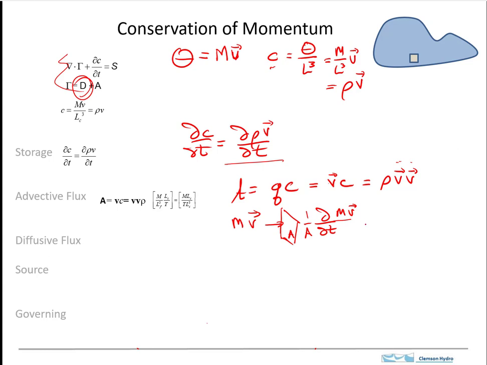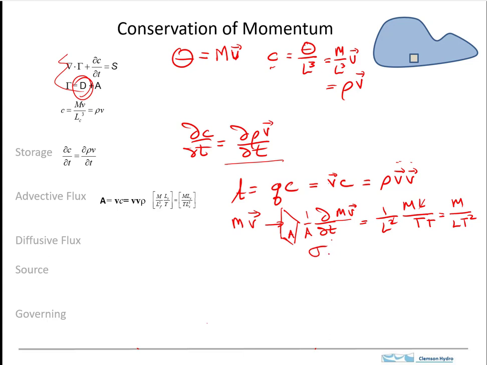And we can take a look at the units of that. The area is length squared, mass and velocity is length over time, and then there's another time there. So that gives us basic units of mass over length times time squared. So that has the same units as stress or pressure.